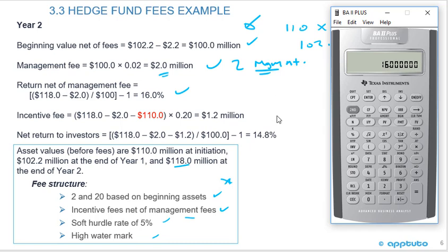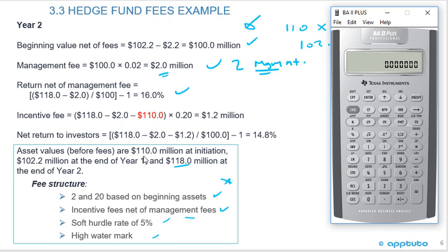But in this case, there is an incentive fee because we're past the soft hurdle rate of 5%. Okay, so we need to calculate the incentive fee. How do we do that? We're going to do the 118 at the end of year 2 minus the 2 million management fee, year 2. Then we're minusing the 110. Why did I put that in red?